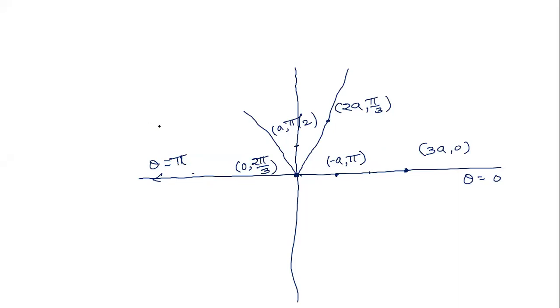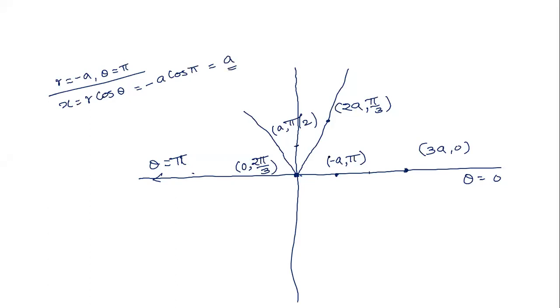You must be wondering about this, but this is very simple. Here, r is equal to minus a and theta is equal to pi. So what is x? x is equal to r cos theta, that is minus a into cos of pi, and cos pi is minus 1.